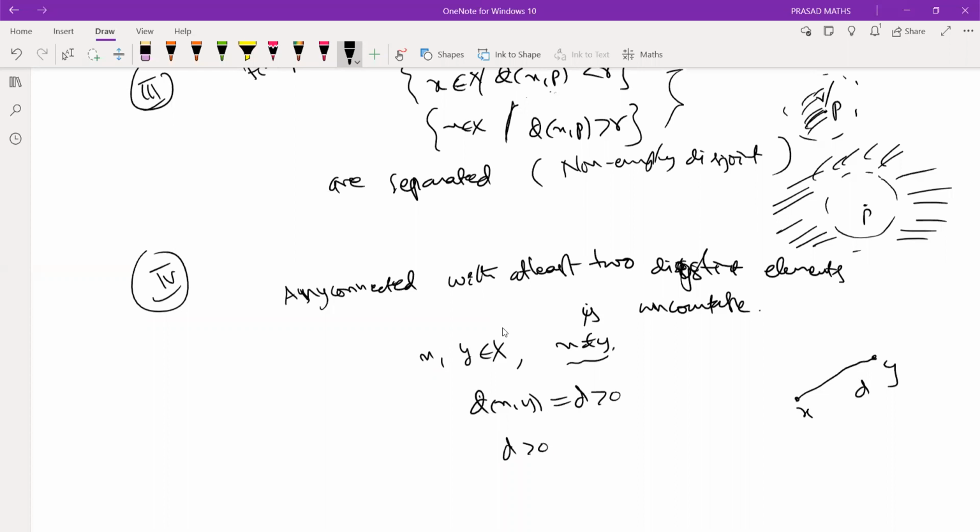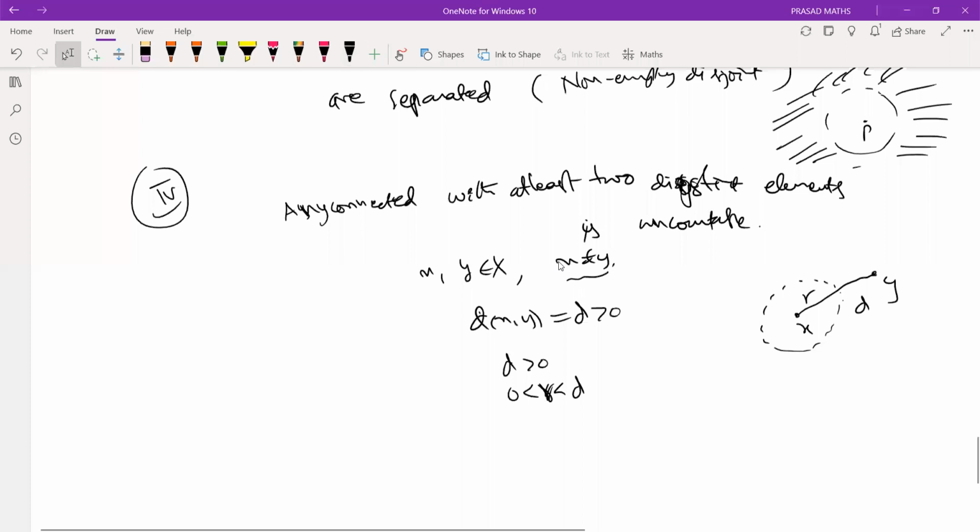Whenever d is positive, we can choose a real number in between by the density property. We can choose a real number r, with which I can draw a ball centered at x with radius r. I know d, therefore I can choose r in such a way that r lies between 0 and d.